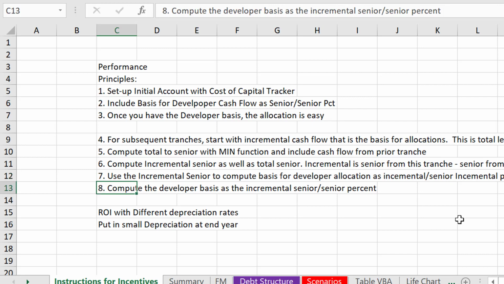I can't spell it all. And then we can compute the basis as the, oh, this is confusing. Okay, sorry about this.